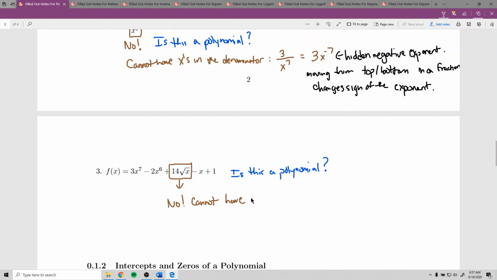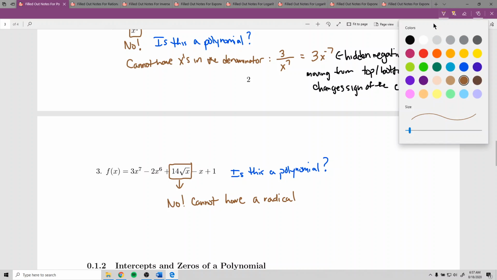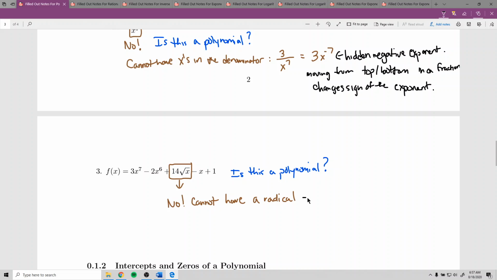Right, all the exponents have to be positive whole numbers. We saw in the previous one before that having an exponent in the denominator is really like having a negative exponent. The reason you can't have a radical, because it's a hidden fraction exponent. I'll remind you of that exponent rule as well.